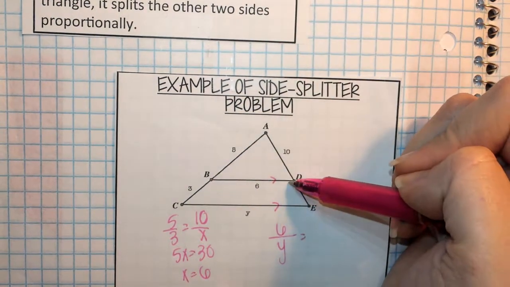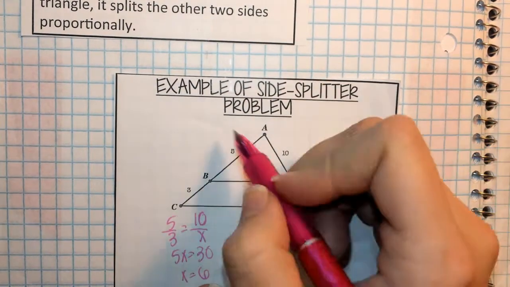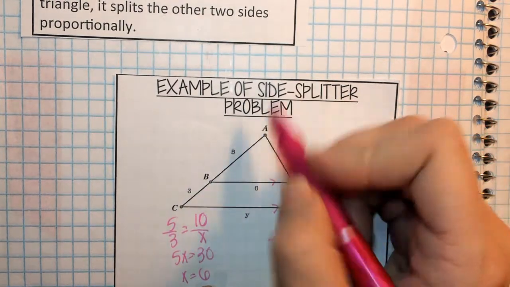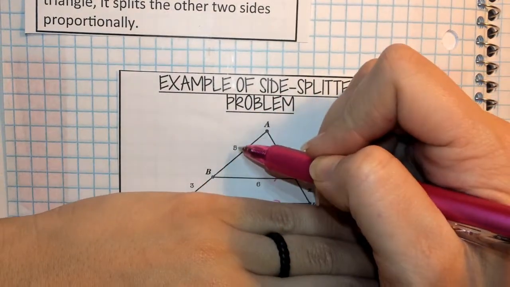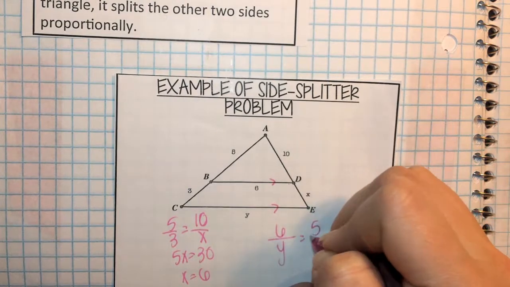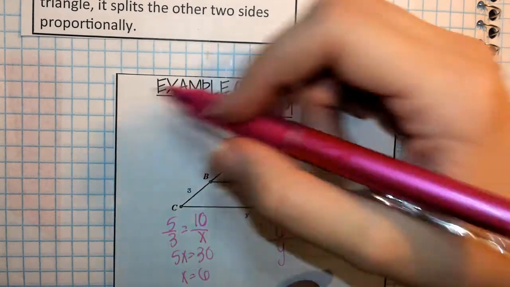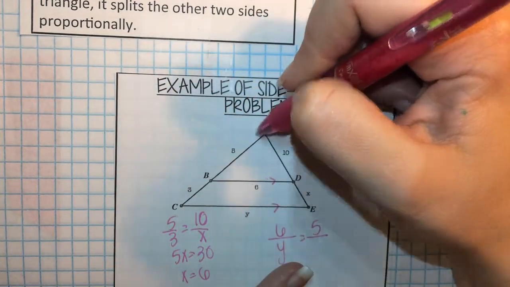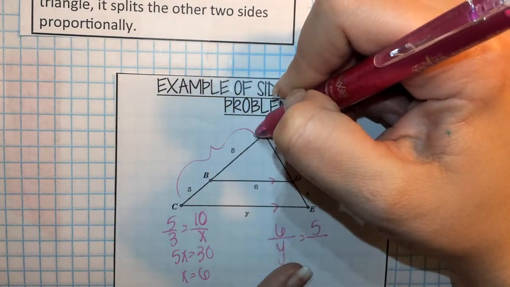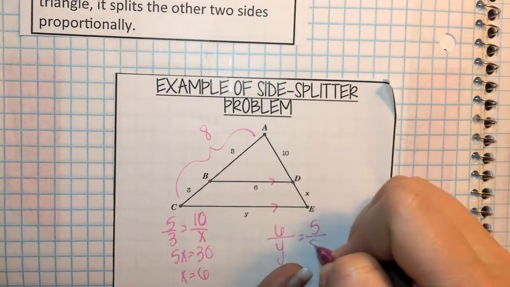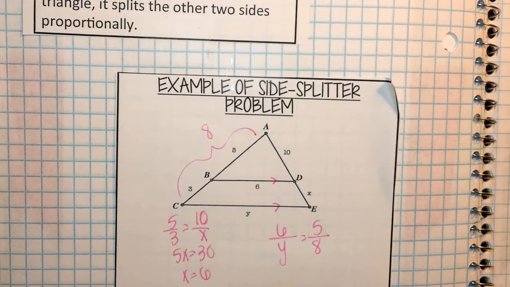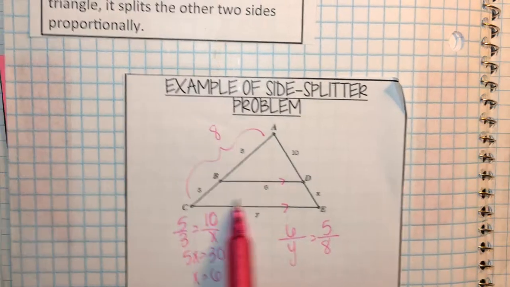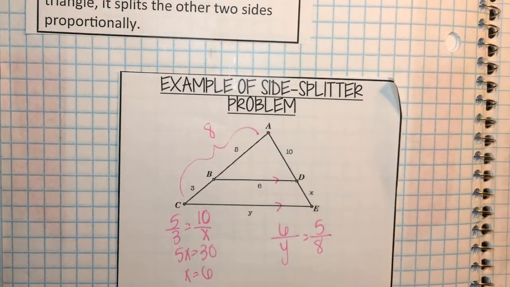This is the baby triangle and this is the whole triangle, and we're going to use this left side. So the baby side length is 5, and that's going to go on top. And then we need this entire side length right here, and that would give us 8. The reason we need that 8 is because we use the entire base of our triangle.